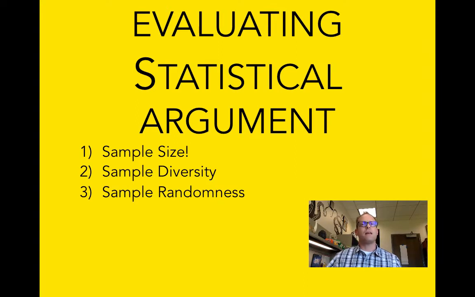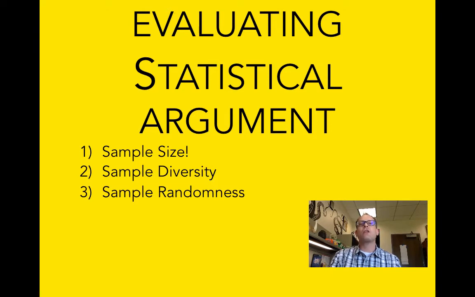And then lastly, sample randomness. How did you decide to poll the people that you did? Was it random? Did you stop at every house that had a 2 in it? The more random the sample, the better the sample will be, because the less likely you are to just pick on one small subgroup out of the whole sample.